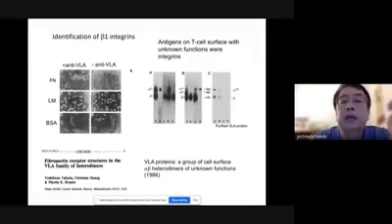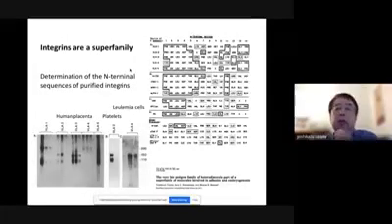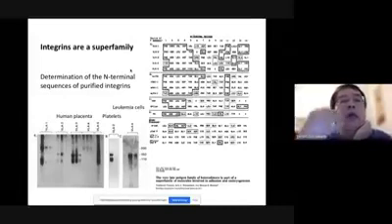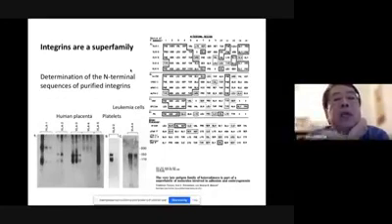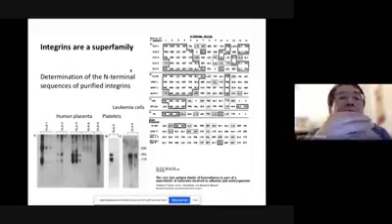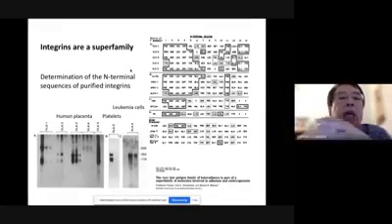And then in 1987, we purified the first integrin from human tissue. So I used human placenta. Before working on integrins, I was working on enzymes from animal hepatic tissue or kidney or some animal tissues.